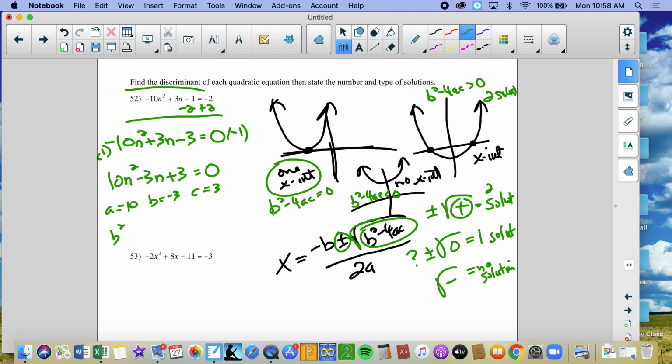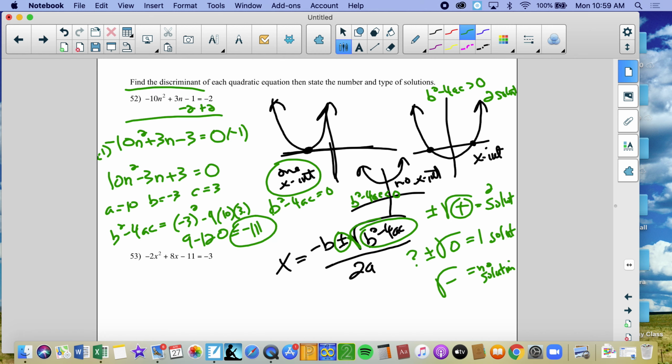So let's plug it into b squared minus 4ac. So b squared is -3 squared minus 4 times a times c. So that's going to give me 9 minus 120, which gives me -111.